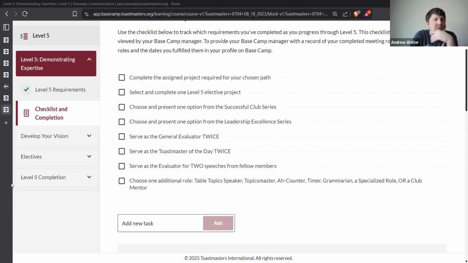So Josh asked in the chat, if I am working on multiple levels, do I have to complete all the level 4 expansion speeches before I do the ones for 5?